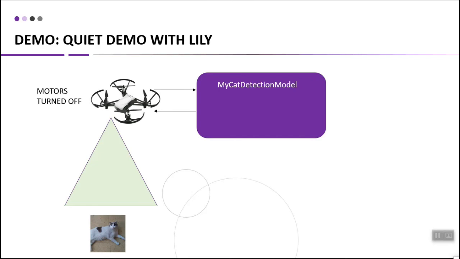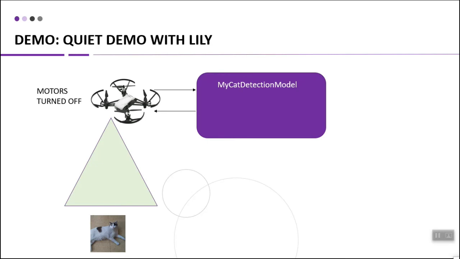I wanted to do this because I wanted to work with real cats. This has to detect real cats. It's not the same to detect a toy that is rigid and static. So I know the drone will be with the motors turned off, but I want to see if it actually detects and classifies a cat, if it recognizes Lily.